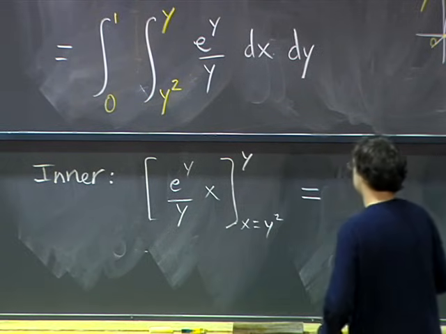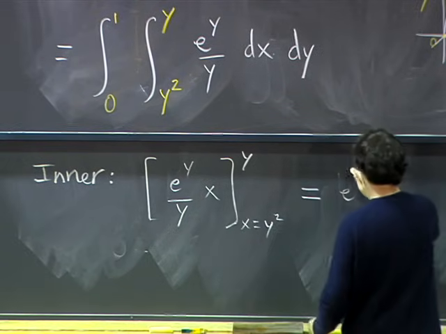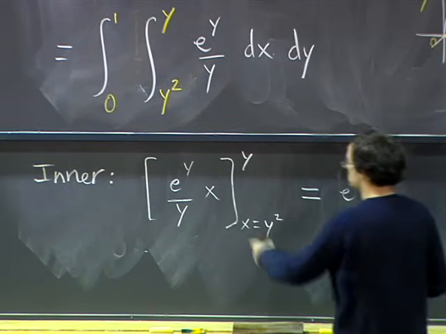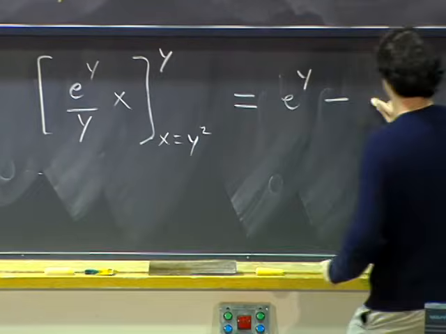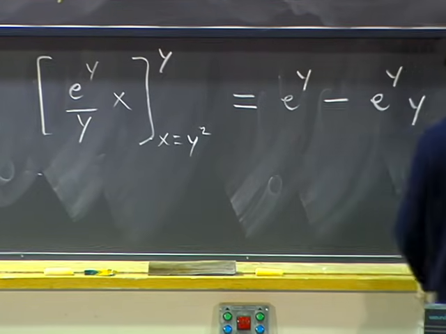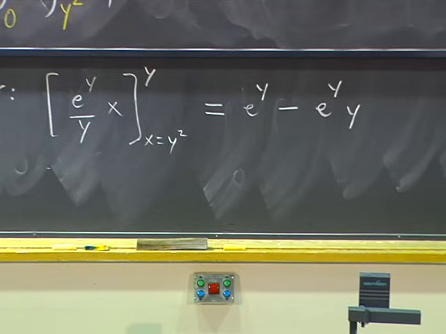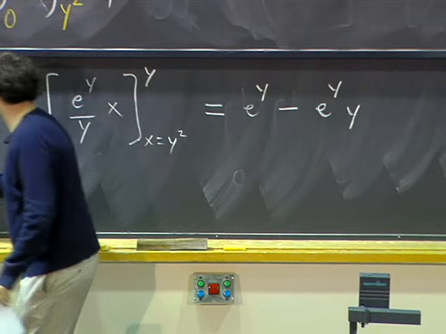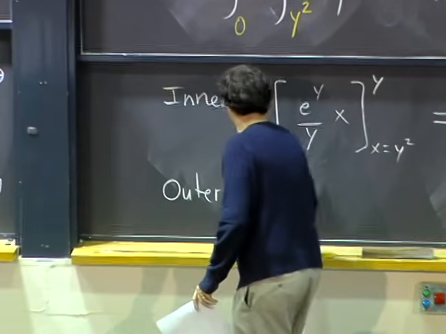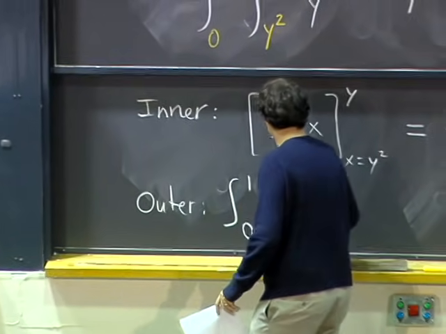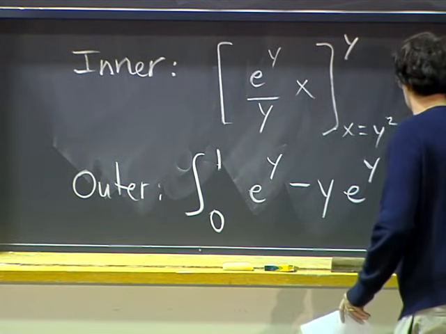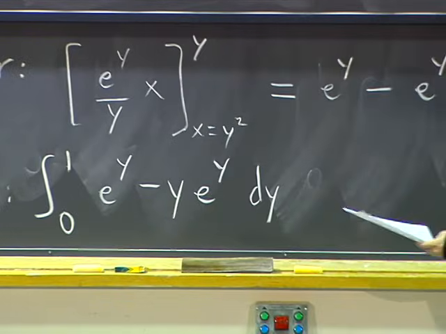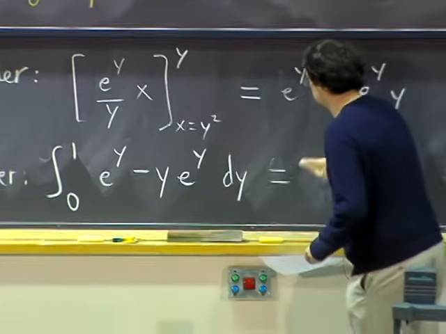If I plug in x equals y, I get e to the y, minus, if I plug in x equals y squared, e to the y over y times y squared, which is y e to the y. Now if I do the outer integral, I have the integral from 0 to 1 of e to the y minus y e to the y dy. And that one is actually a little bit easier.